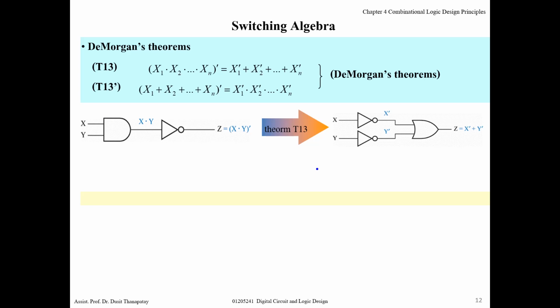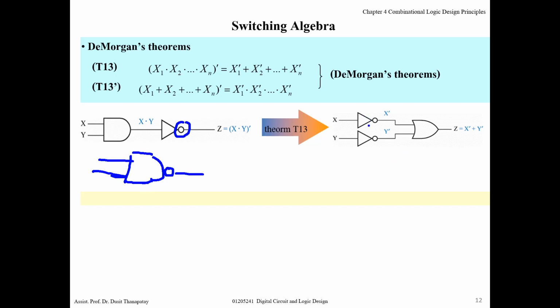By the way, for an AND gate, you do this one and then invert. You can keep just this inversion bubble. So this is the symbol of the NAND gate. How about this one?